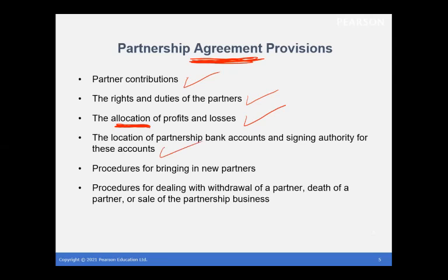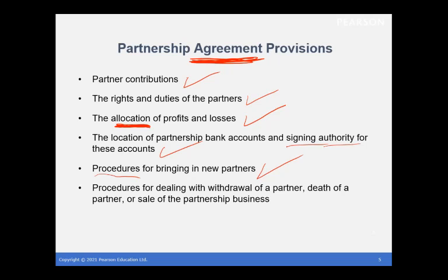There could be information in there about the bank accounts, who the signing authorities are going to be, right? Who can approve payments, disbursements, and the like. What about procedures for bringing in new partners, right? What if we need some more money or some more talents to come into this partnership? What's going to happen with the existing partners? How do we bring somebody in?